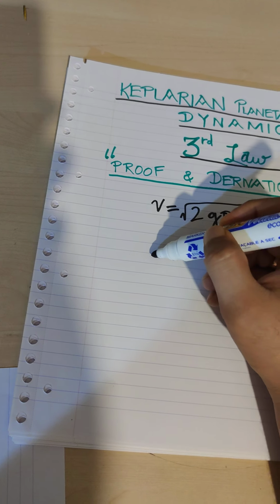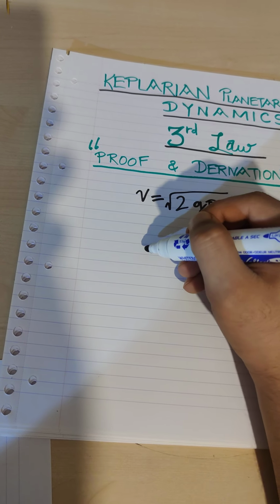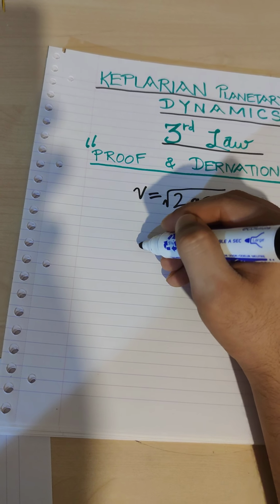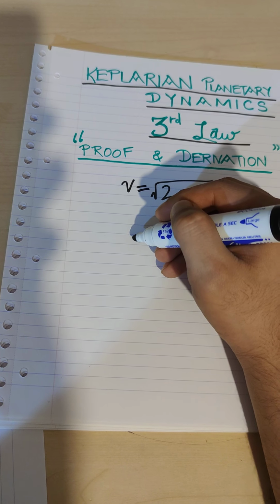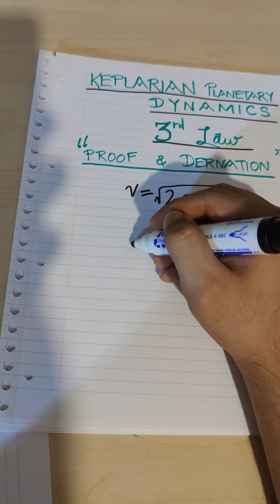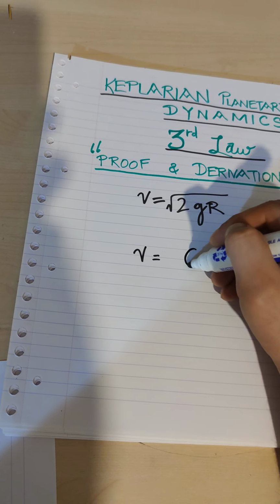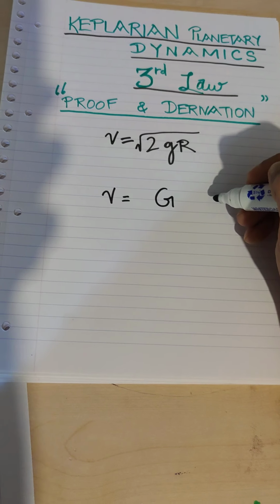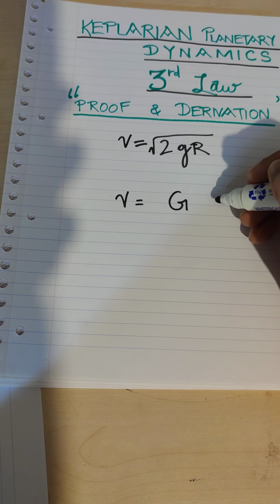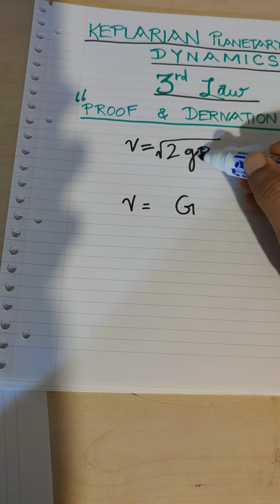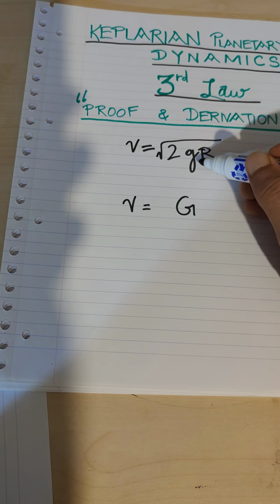The second formula you need to understand is for quantifying the velocity of a planetary body: you use v equals uppercase G, which is the Newtonian gravitational constant, not the g field quantity.